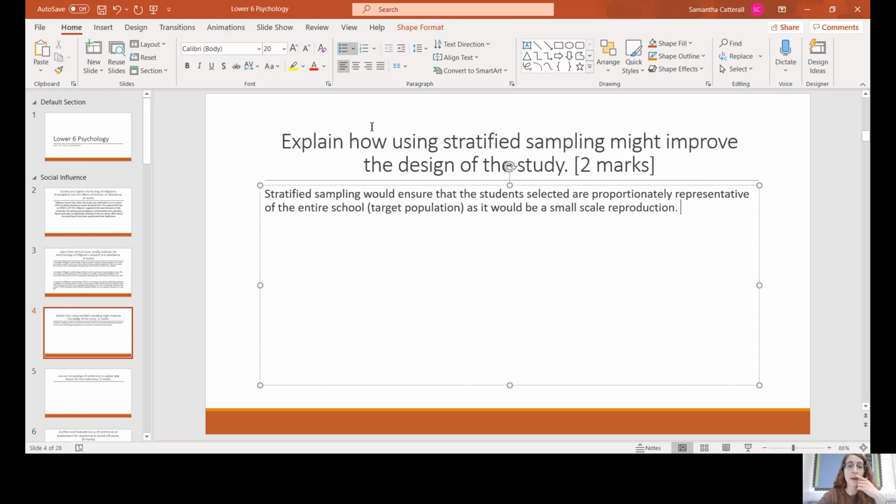Now that there is explaining how stratified sampling works, but now I need to say how it would improve it.